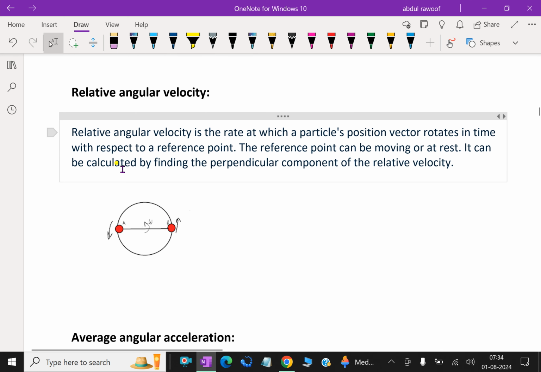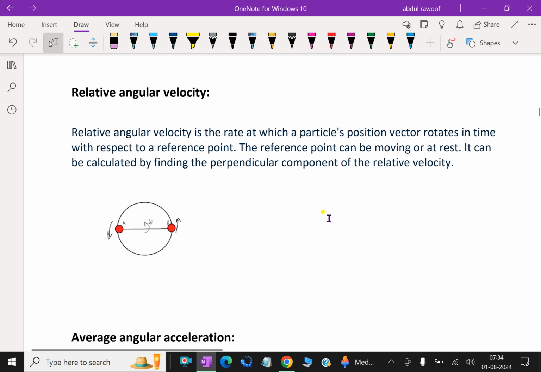Next one, relative angular velocity. Relative angular velocity is the rate at which the particle's position vector rotates in time with respect to a reference point. The reference point can be moving or at rest. It can be calculated by finding the perpendicular component of their relative velocity.